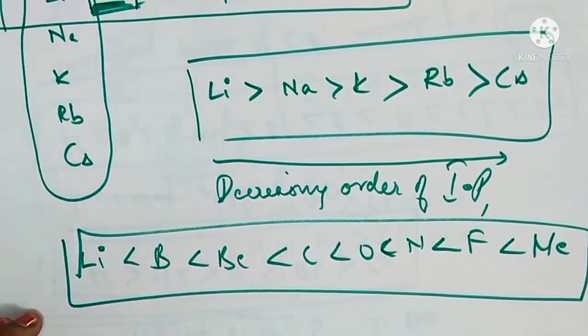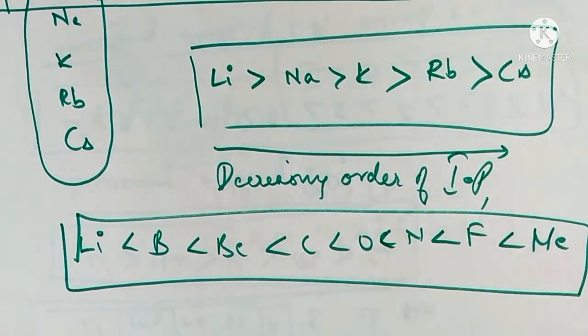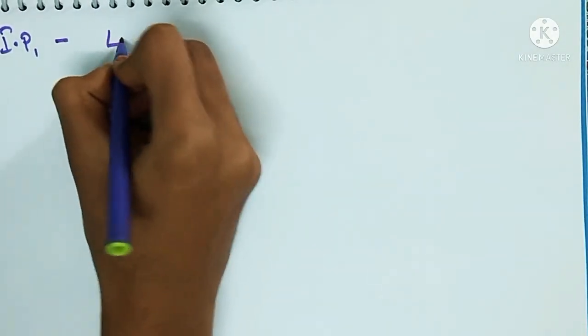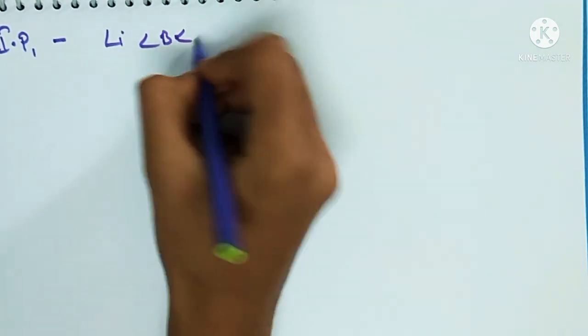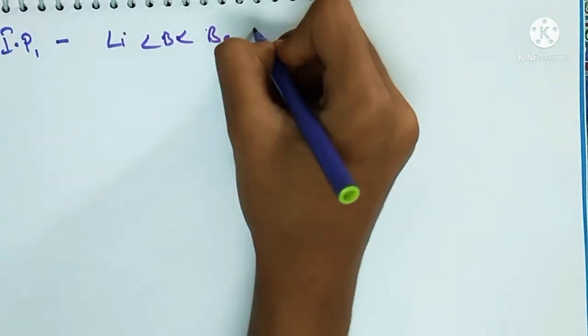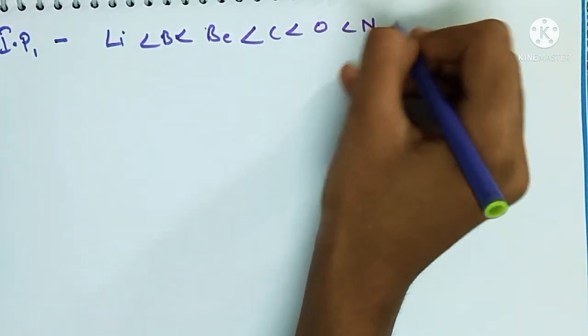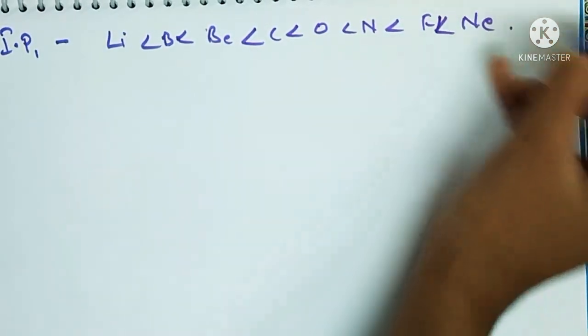This is the order for IP1, but the IP2 order will be different. Now for the same elements we can write the IP2 also. IP1 for lithium, beryllium, boron will come, beryllium, then after carbon, then after oxygen, then after nitrogen, fluorine, next is neon.